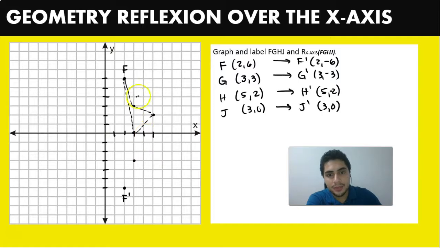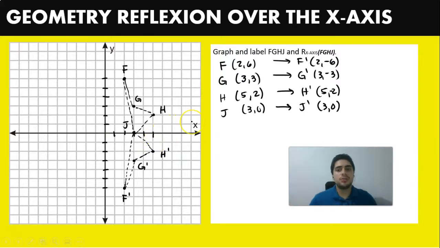We have H', which is now (5, -2), so it's going to be here. And J' is still going to be (3, 0). So we're going to have our values like so, and then we have its reflection.